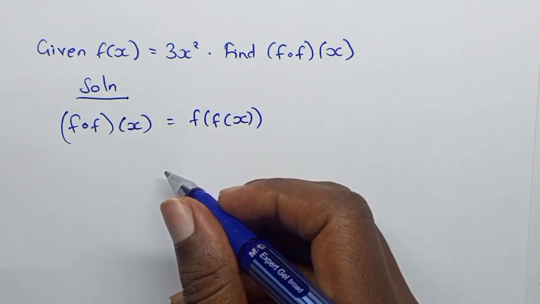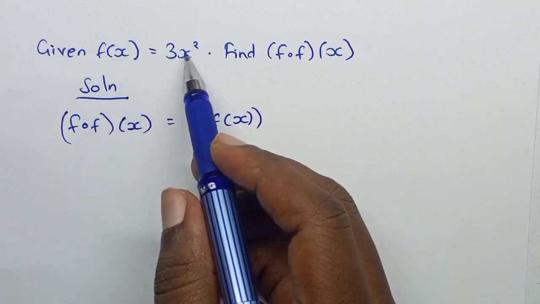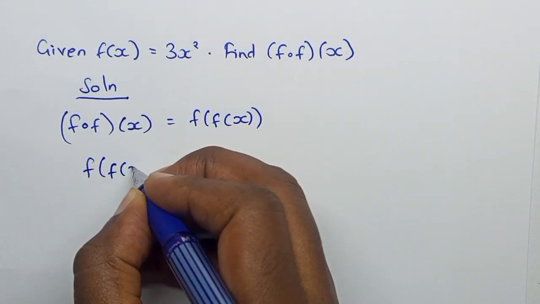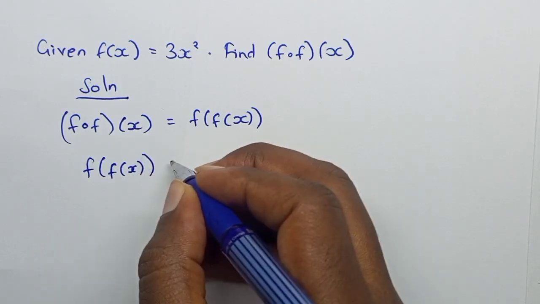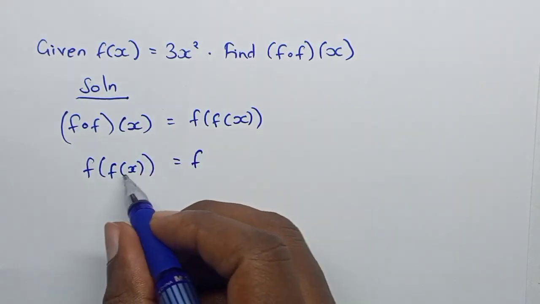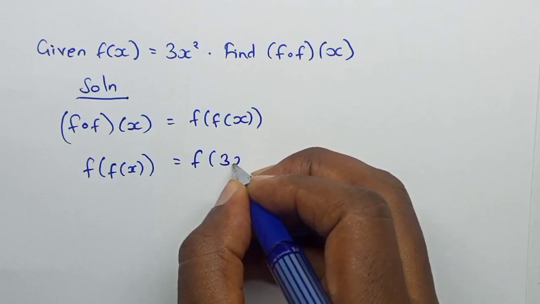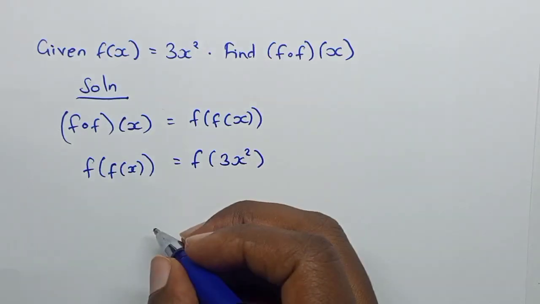So since f of x is 3x squared, therefore f of f of x will be equals to f of this, we replace with 3x squared, so it's f of 3x squared.